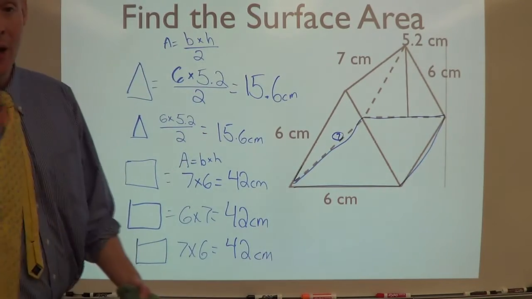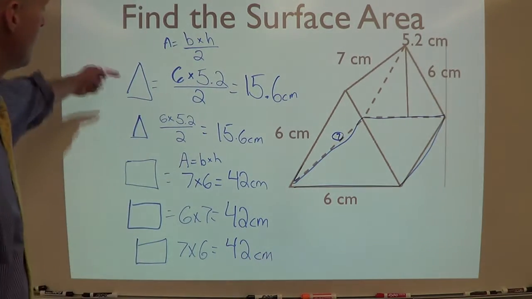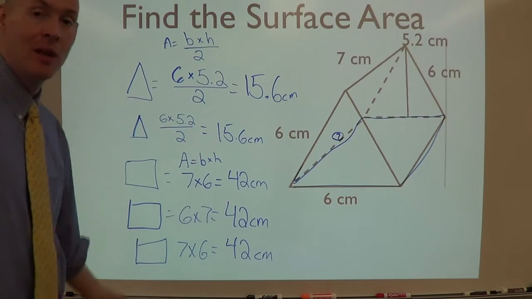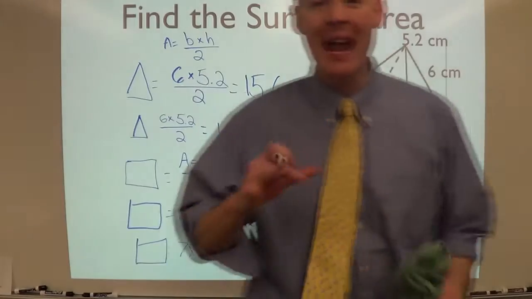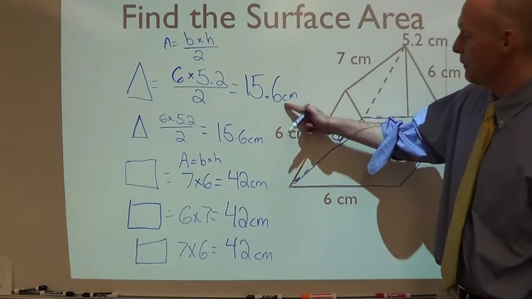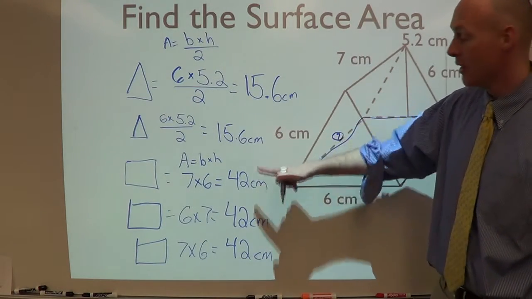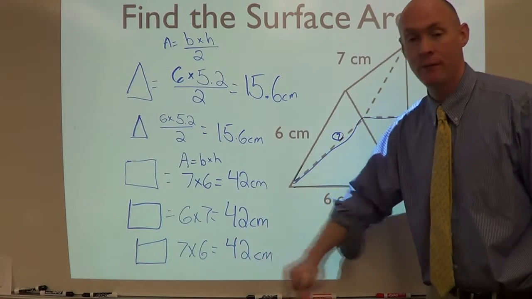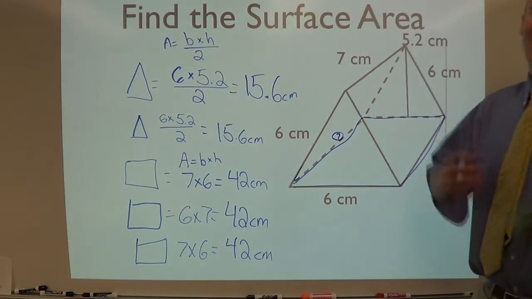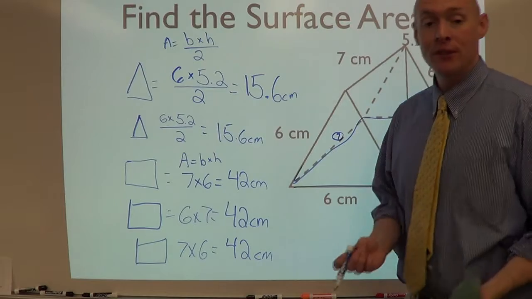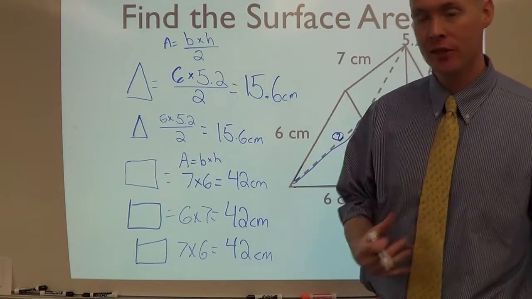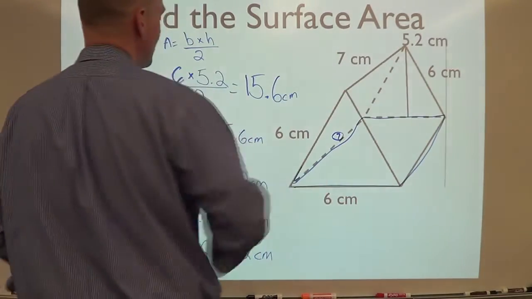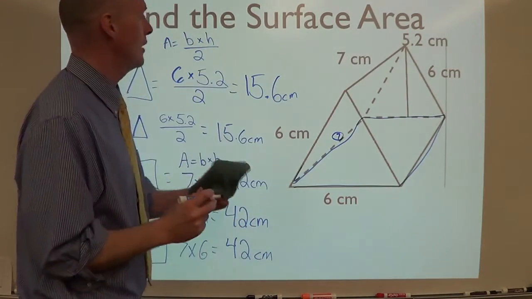Perfect. So now let's just recap what we did. We broke down the different shapes, the 3 rectangles, the 2 triangles. We found the area for each of them, 15.6, 15.6, 42, 42, and 42. Our last step to find the surface area of the whole thing is we have to add them up. So let's do it. I have 15.6 and 15.6. I have that twice.